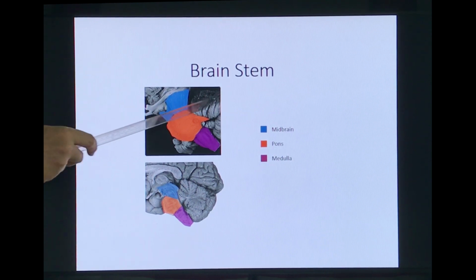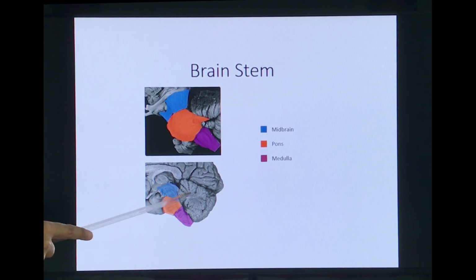Between that there will be a cavity, that's the fourth ventricle, which you can see here. The upper part of the medulla and the pons will form the floor of the fourth ventricle, and parts of the cerebellum will form the roof of the fourth ventricle.